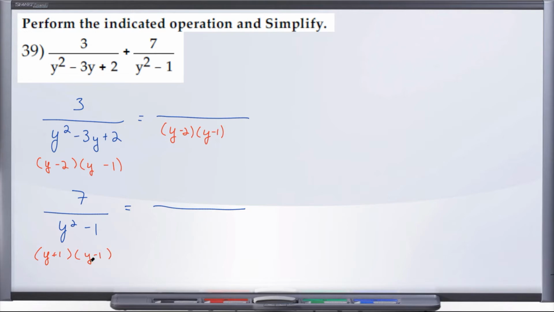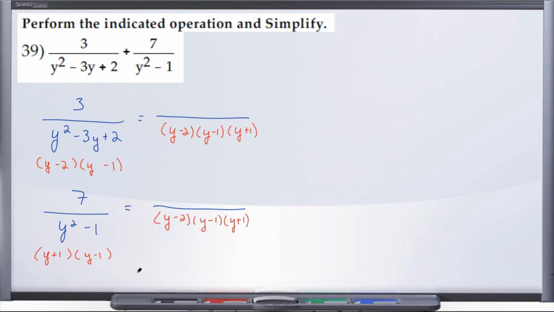Well, we already had a y minus 1, but we're missing a y plus 1. So let's go ahead and add y plus 1. And it looks like that's it. With y minus 1, y minus 2, y minus 1, y plus 1, we have all of the possible factors covered. So that's going to be our common denominator.